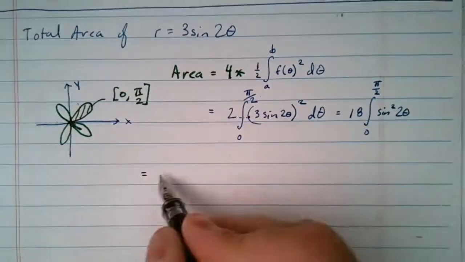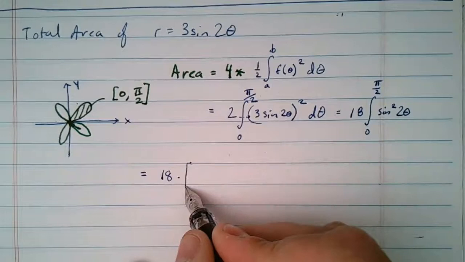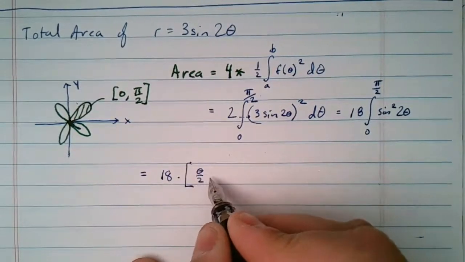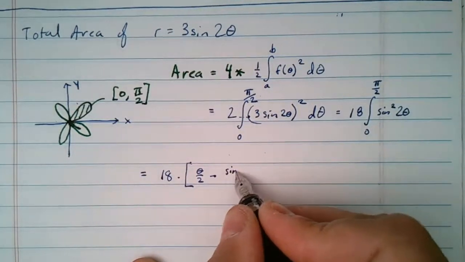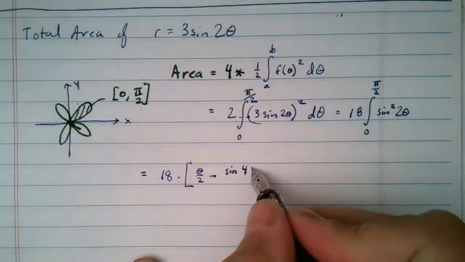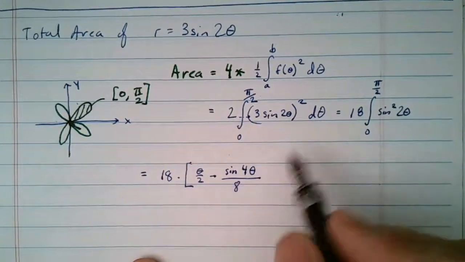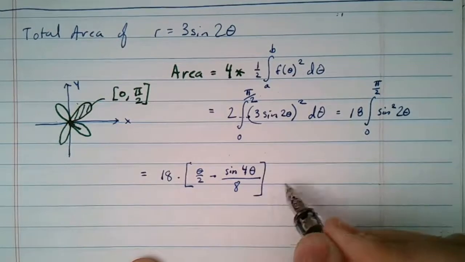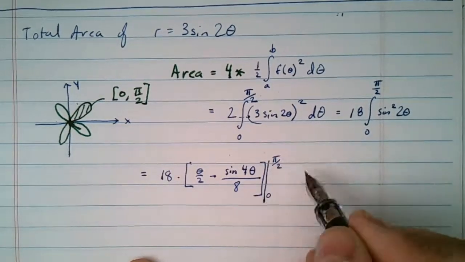And so this becomes 18 times, and the integral of that is going to be theta by 2 minus sine of 2u, so in our case it'll be sine of 4 theta, over 8. Okay, so this is always going to be double this, okay? Evaluated from 0 to pi by 2.